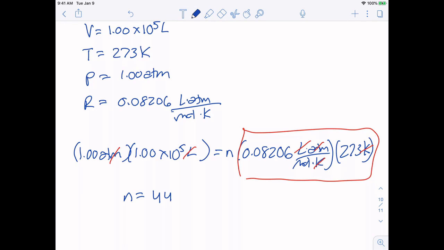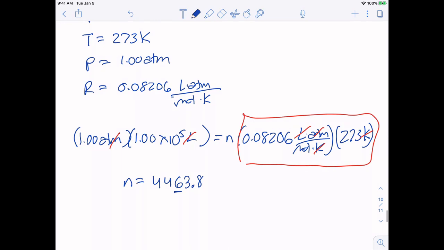From my calculator, I have 4,463.8, with some additional digits after that. I want 3 significant figures in my answer. The first digit I drop is a 3, so we can write this as 4,460 moles, which is 3 significant digits.